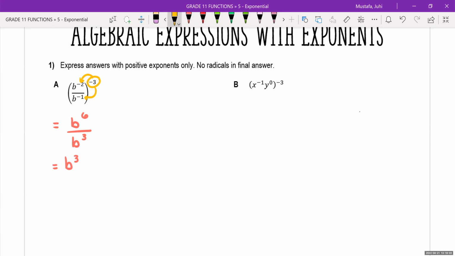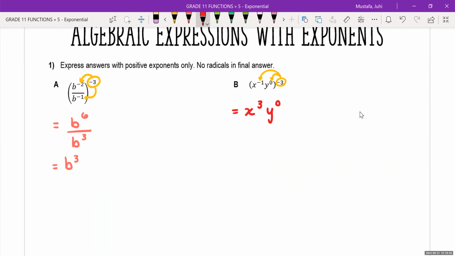For the next question, we have x to the power of -1 and y to the power of 0, and it's all to the power of -3. So again, we're going to take that -3 and we're going to multiply it to the -1, and we're going to multiply it to the 0. When we do that, we're going to get x to the power of -1 times -3 is just 3, and y to the power of 0 times -3 is just 0.